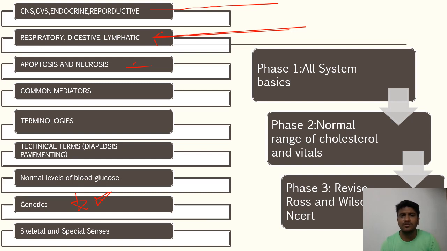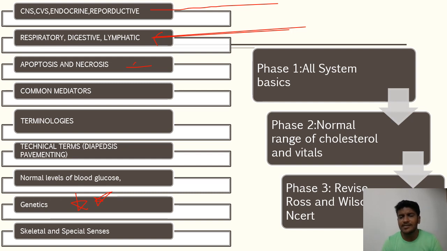So in phase 1, you need to know the basics of all the systems, that is very essential. After knowing the basics like the organs and the major function, the location, or if there is any particular peculiarity of that particular organ. In phase 2, you need to know the normal range of vitals and of different biological elements or substances, like there are HDL, LDL, VLDL, triglycerides, etc.